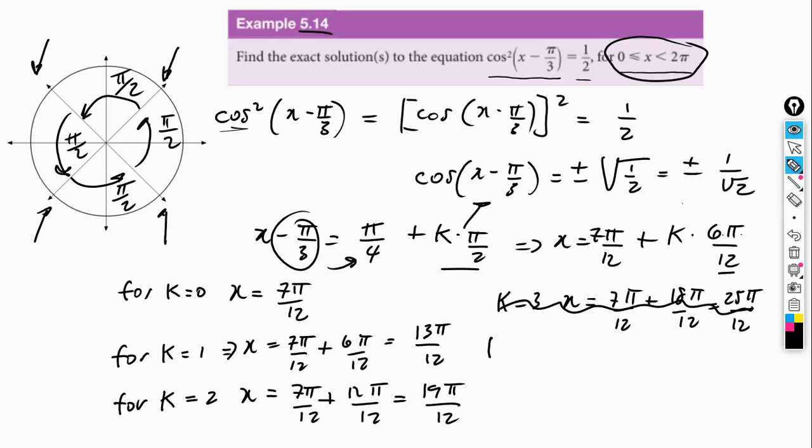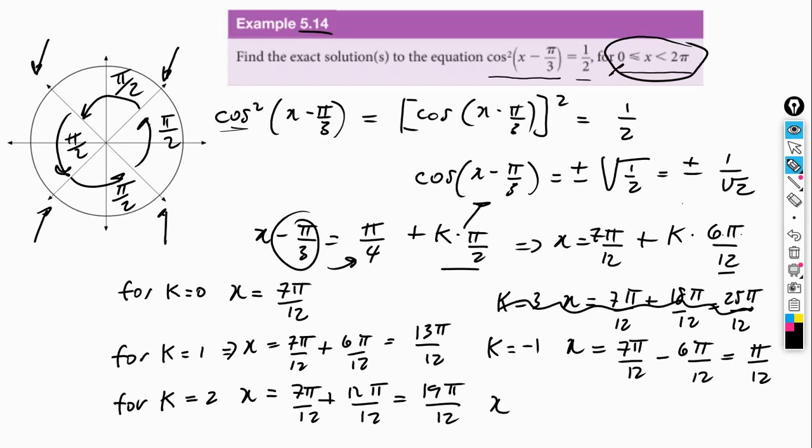So let's test k equals -1. In the case of k equals -1, we would see that x is equal to 7 pi over 12 minus 6 pi over 12, which is pi over 12. And if we use -2, it would give us a negative result, which is not in the domain because the minimum value for the domain is 0. So therefore, we have all solutions.